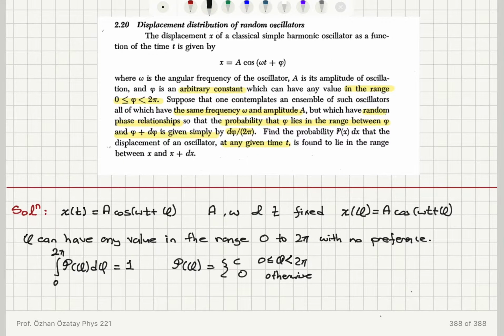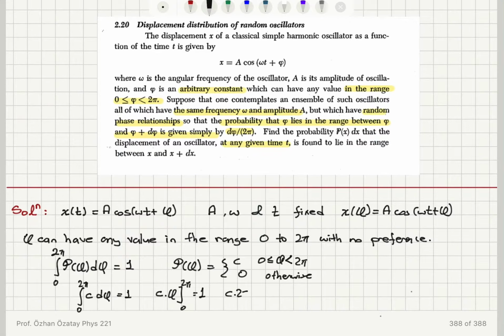Okay, so c, this is going to be the integral from 0 to 2 pi of c d phi equals 1, which means c times phi between 0 and 2 pi equals 1.